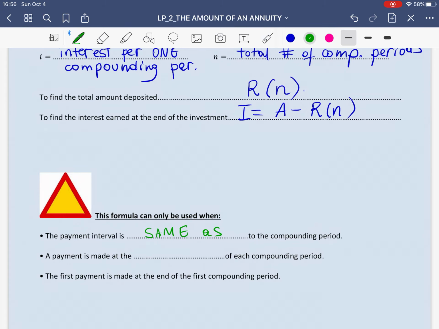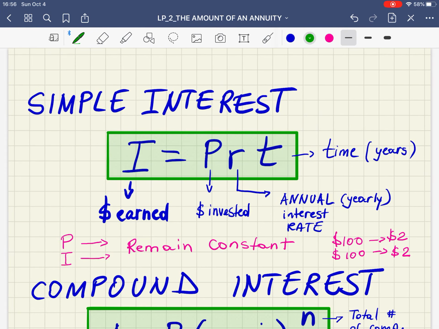And the payment is made at the end of each compounded period. Now, if the frequency of payment is different than the way the interest compounds, we cannot use this formula. So we have to use something else, okay? Now, the first payment is made at the end of the first compounding period.